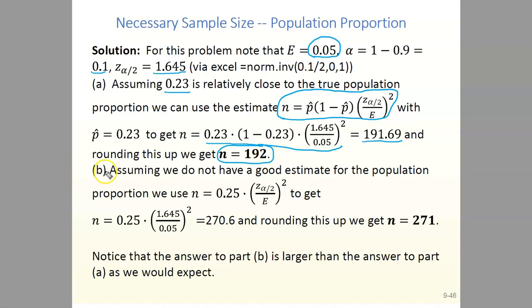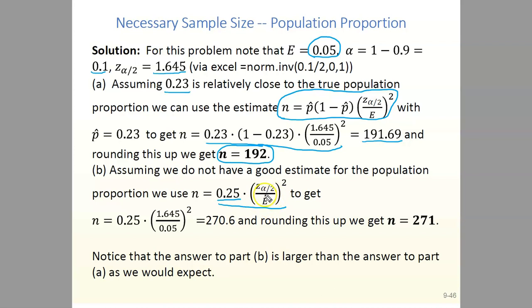Now for part B, assuming that the 0.23 is not a good estimate anymore, in that case then we have to use this as our estimate for the sample size, the formula with the 0.25 in it. So we put the 1.645 in for the Z alpha over 2, our critical value.